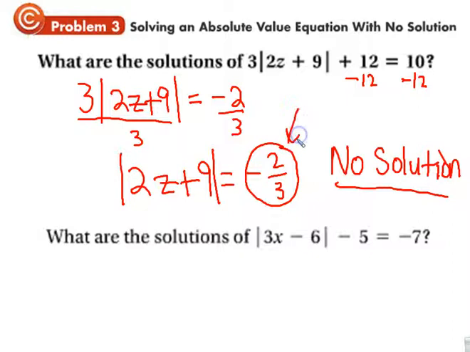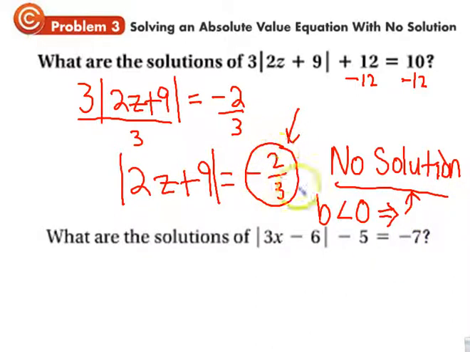Anytime the value that's by itself opposite the absolute value is negative, we can stop. We don't have to do anything else. We are done because it's going to be no solution. So it's a pretty straightforward step. We just have to look for when B is negative. And what that leads to is no solution.